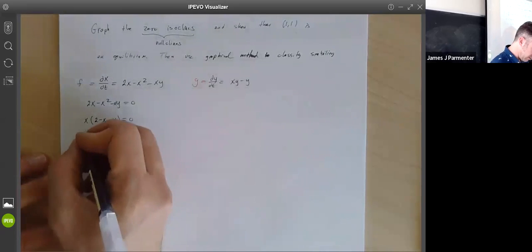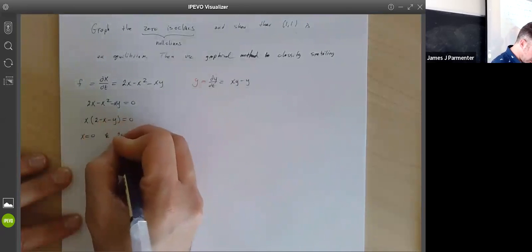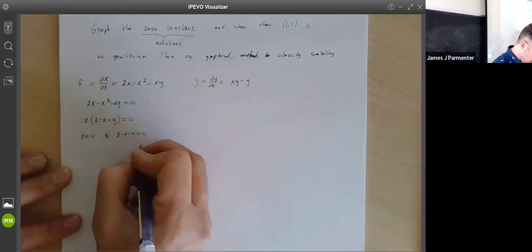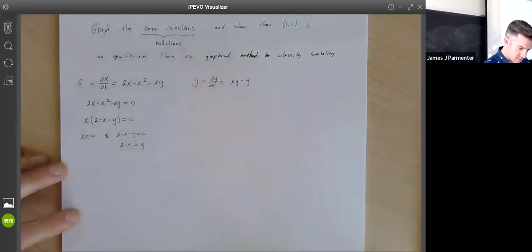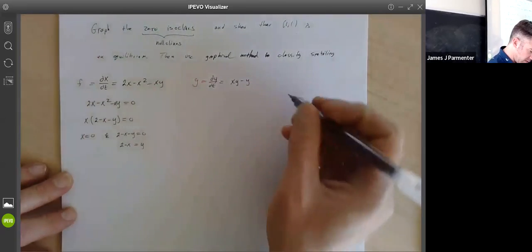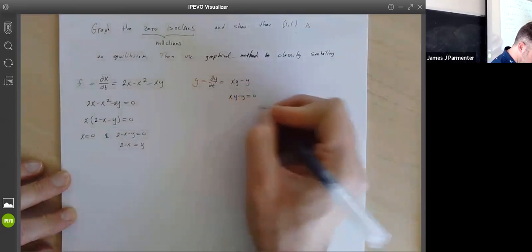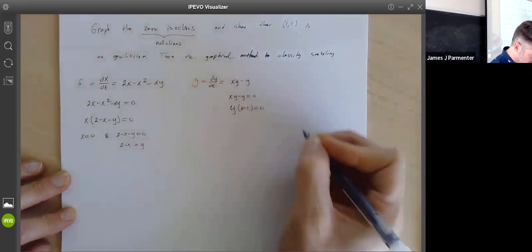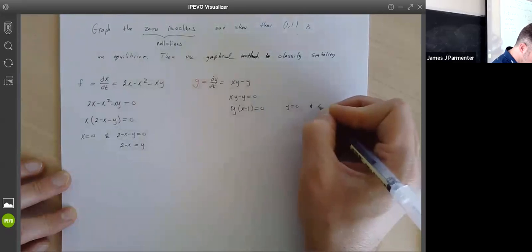So I'm getting both x equal to 0 and 2 minus x minus y equal to 0, which results in y equal to 2 minus x. Before I start drawing them, I'm going to also find this one. Factoring out here, I set xy minus y equal to 0, I get y times (x minus 1) equal to 0, so I get y equal to 0 and x equal to 1.